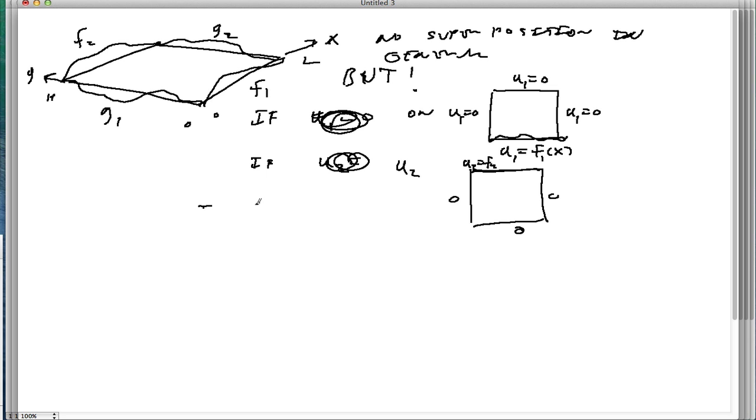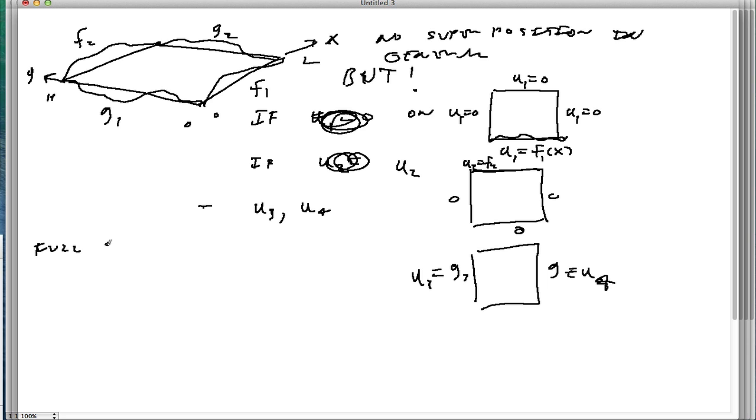And so on and so forth for u3 and u4 for g1 and g2 on that side. So we'll call that u4, and this is u3, but it's 0 on all the other sides. Then we know that the full solution will be a superposition.